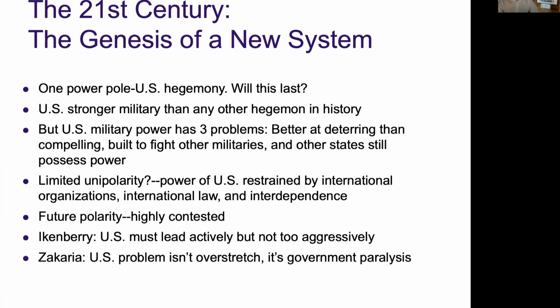We have international organizations like the United Nations, issues like international law, and interdependence of other actors within the G20 or the G7. So we have lots of organizations where the world is getting together and developing solutions on a global level. We could argue that these are a limiting factor for the United States.